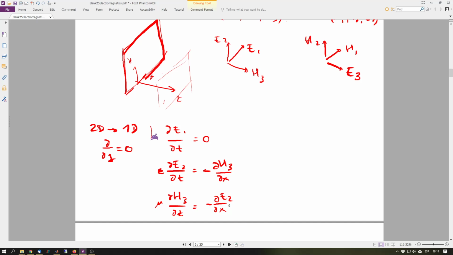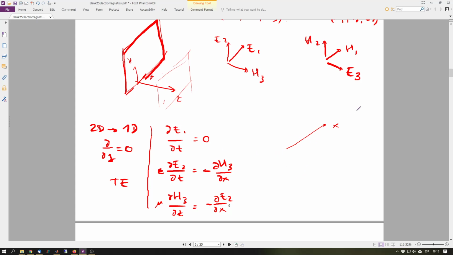So what I've done is go from 2D to 1D for the transverse electric, and what this means is that there are no variations along y, no variations along z, there are only variations along x. And E1 is constant.